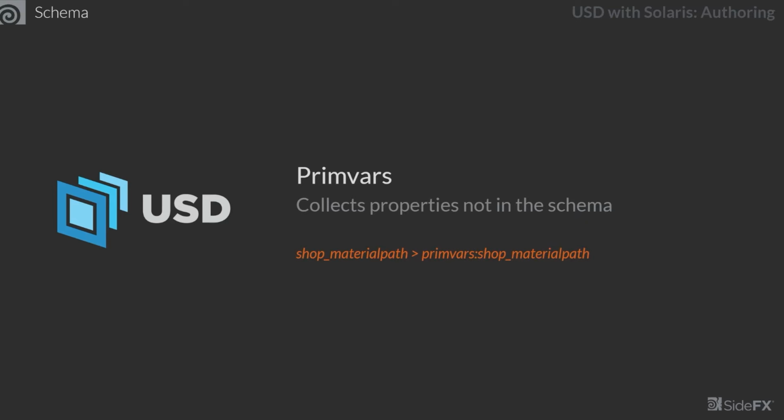And then if you have properties that are not defined in that schema, those are going to get saved as primvars. These are very similar to the concept of any attribute in Houdini. They basically map to a primvar. A pretty common example of an attribute from Houdini is shop material path. That gets mapped to primvars shop material path.